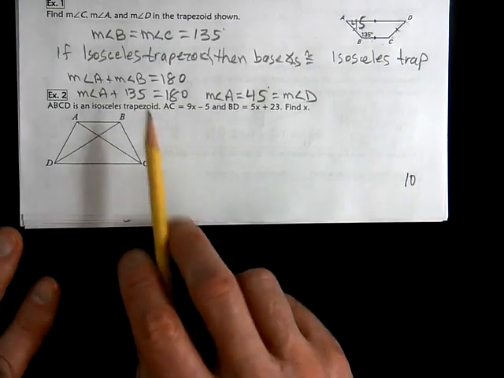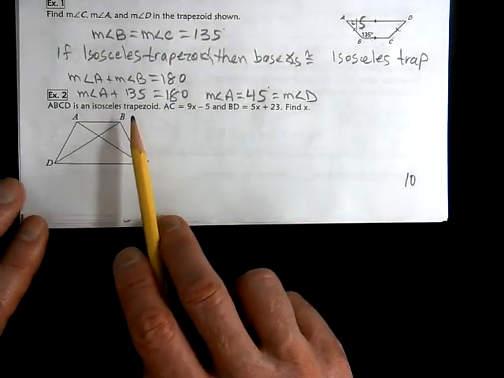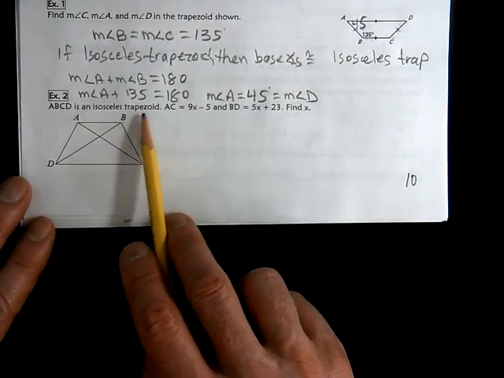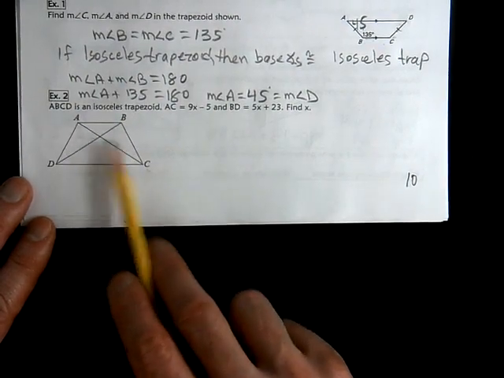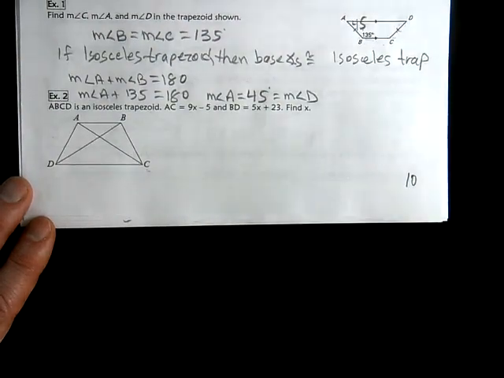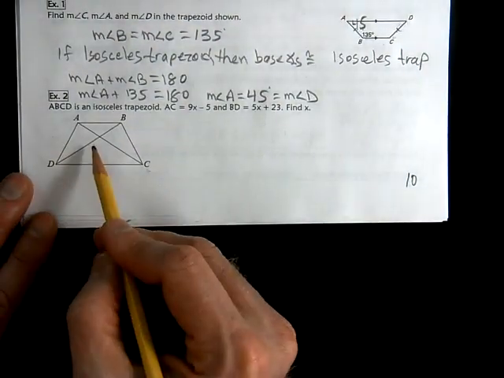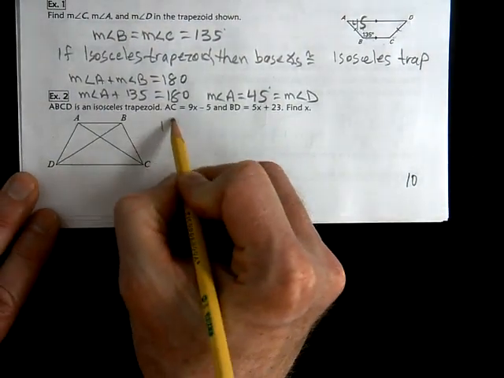Let's come on down and talk about another isosceles trapezoid. AC and BD, those are called the diagonals because they go through the inside of the shape.